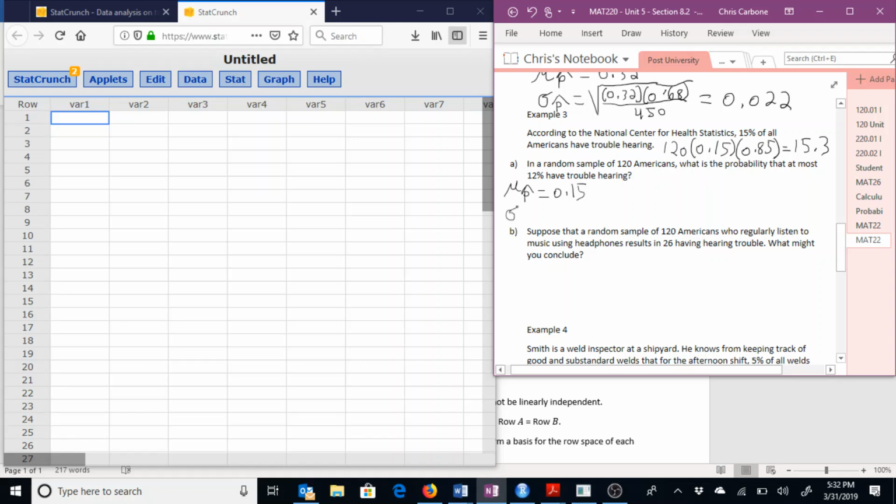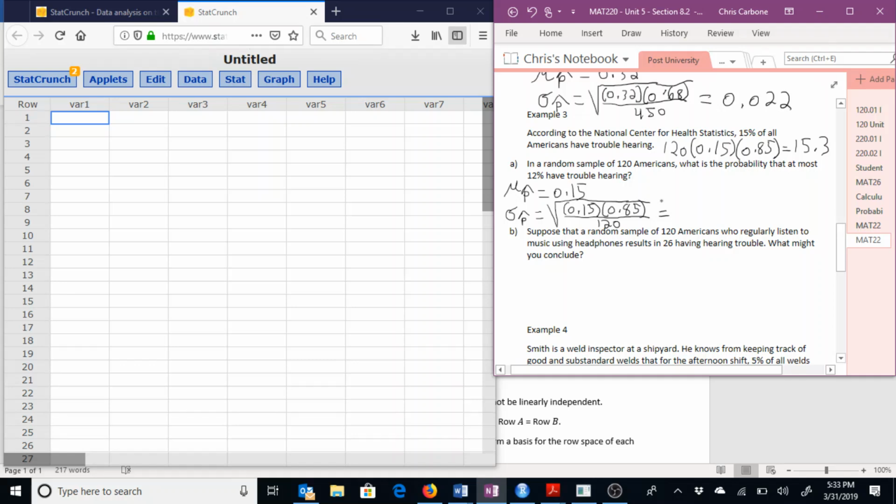And the standard deviation is going to be that messy calculation of the square root of 0.15 times 0.85 divided by 120.